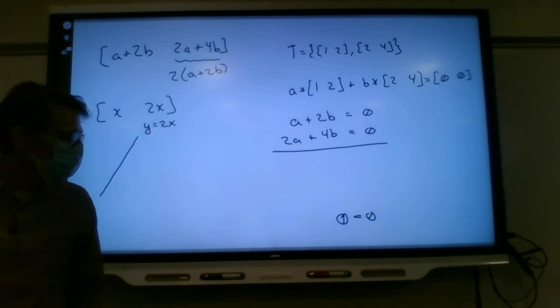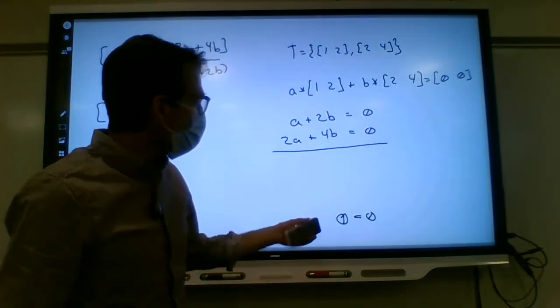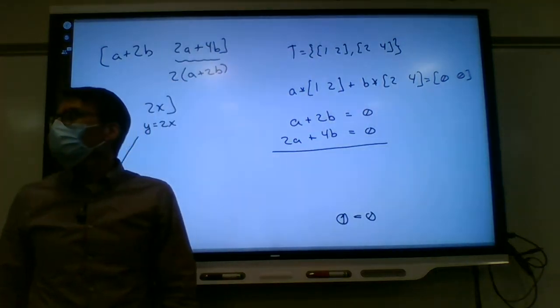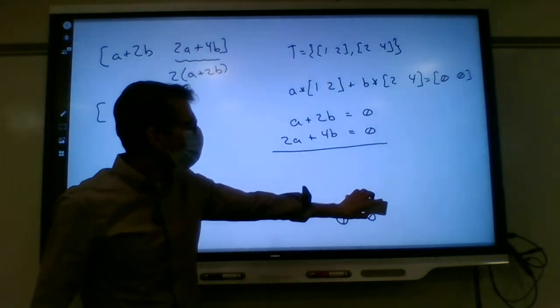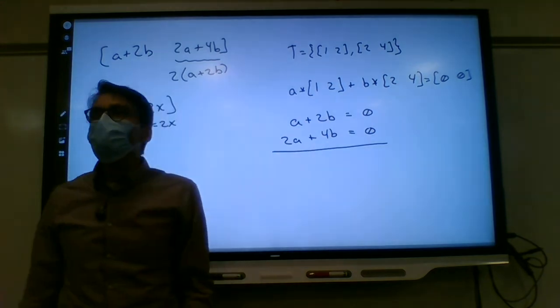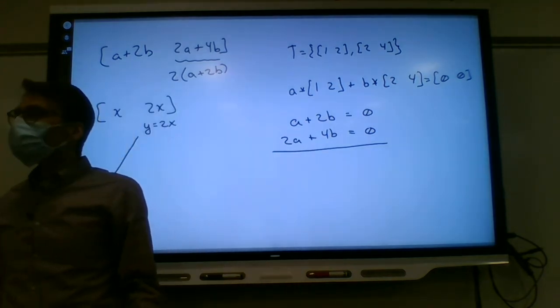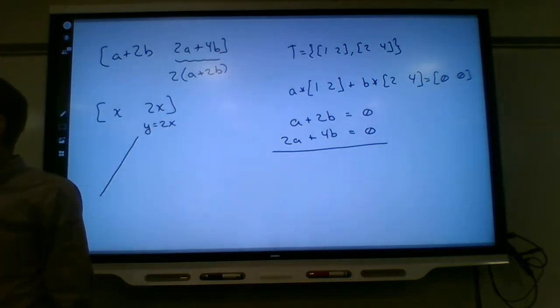But what if you get 0 equals 0? It's always equal to 0, right? And so what this means is that these equations have redundant information. This means that there's infinitely many solutions to the system.